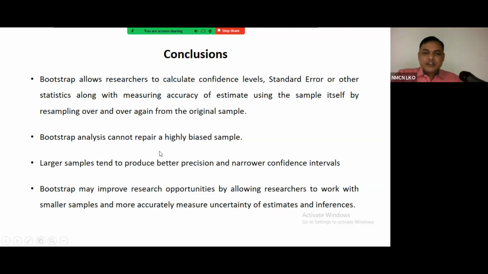Bootstrap analysis cannot repair a highly biased sample. Larger samples tend to produce better precision and narrower confidence intervals. The bootstrap may improve research opportunity by allowing researchers to work with smaller samples and more accurately measure uncertainty of estimates and inferences.